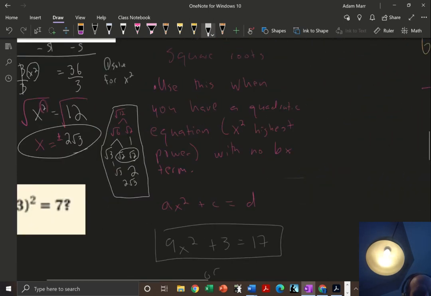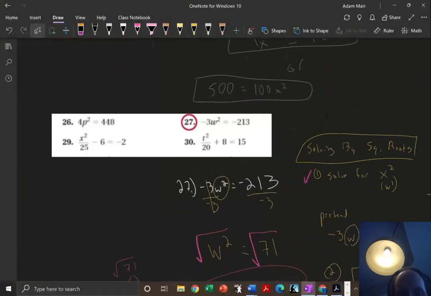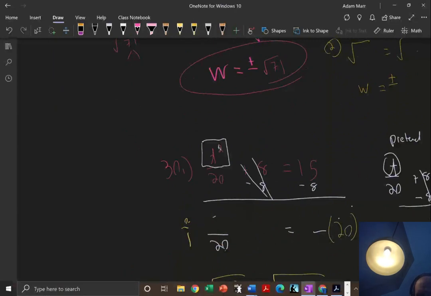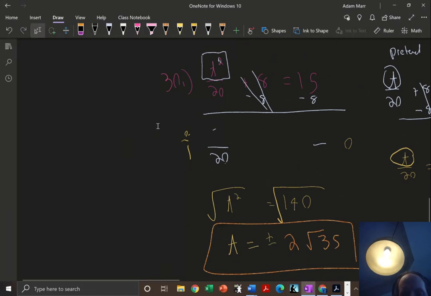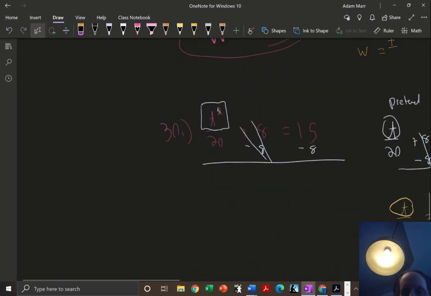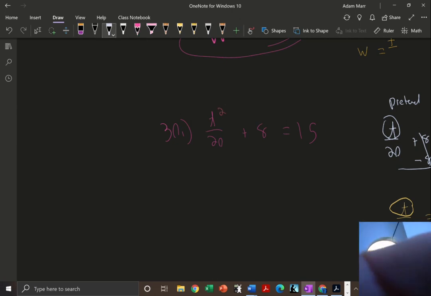So that was a little bit of an easier one. Let's take a look at a harder one right here. Let's try this one, number 30. t squared over 20 plus 8 equals 15. All right, so let's do it. First step, we're solving for t squared.